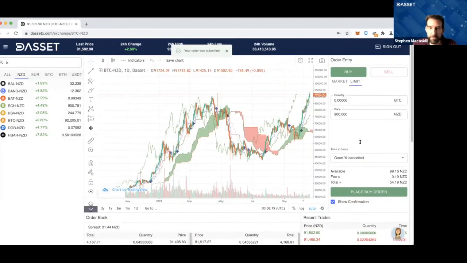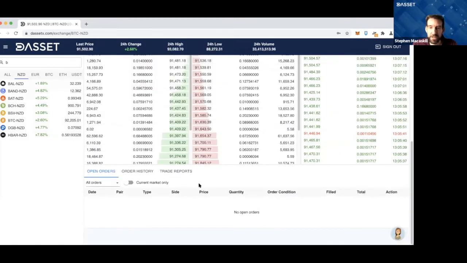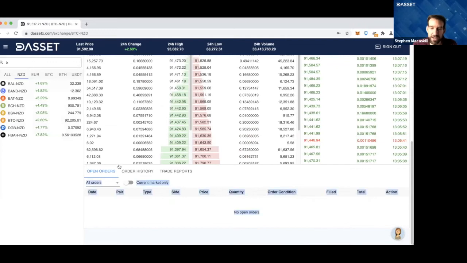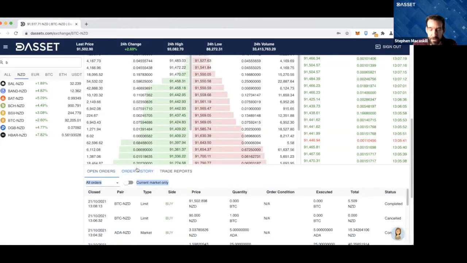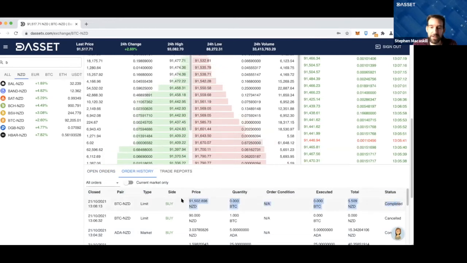Order was submitted and the order was immediately executed. So you're not going to see it here. If you go here, what you'll see is that order completed at the current price. So it's basically placing a market order. Well, it's a limit order, but it's basically executed as you submitted it.